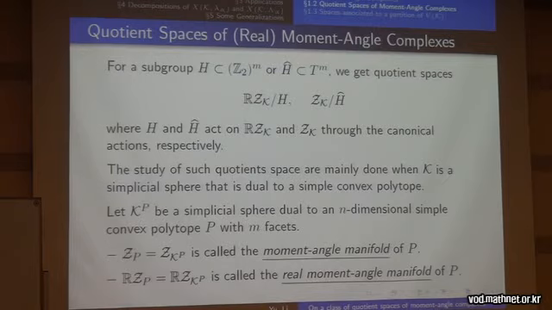The study of such quotient spaces is, I think, so far mainly done when K is a simplicial sphere that is dual to a simple polytope. So suppose K_P is a simplicial sphere that is dual to an n-dimensional simple convex polytope with m facets. Then Z_P is called the moment-angle manifold, and RZ_P is called the real moment-angle manifold.